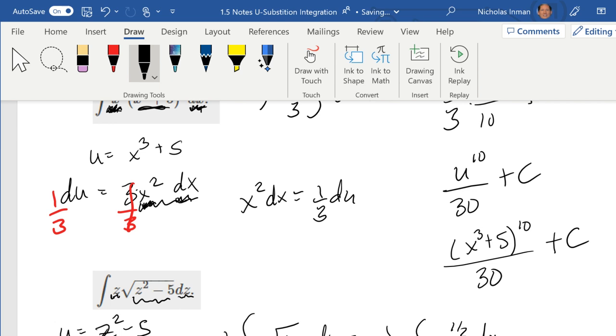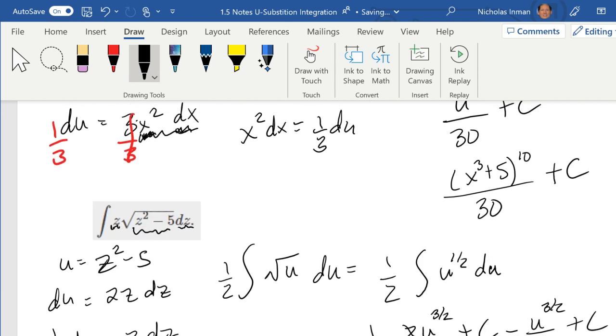Which becomes, 2's can cancel there, u to the 3/2 over 3, and u is equal to something. U is equal to that z squared minus 5.